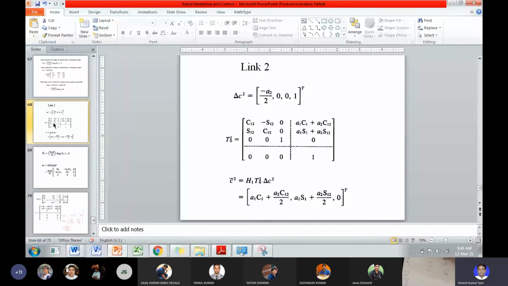Now next element you come, this is minus m2 a2 square s12 c12 upon 12. Second element m2 a2 square c12 square by 12, and last element 0.